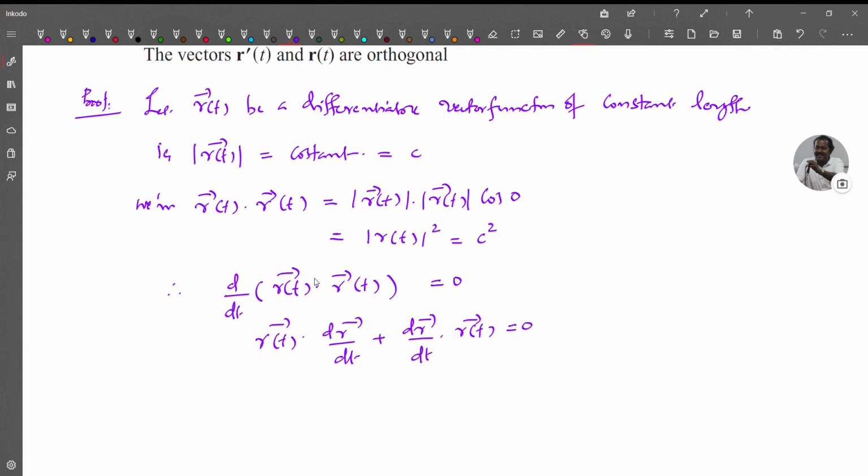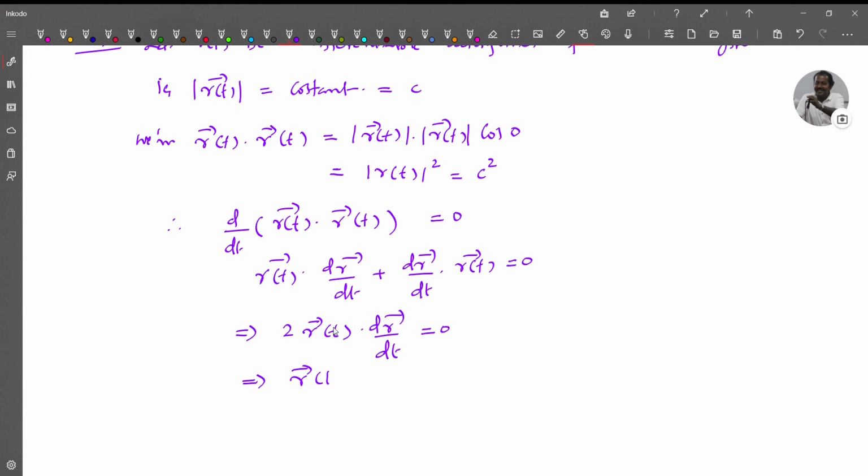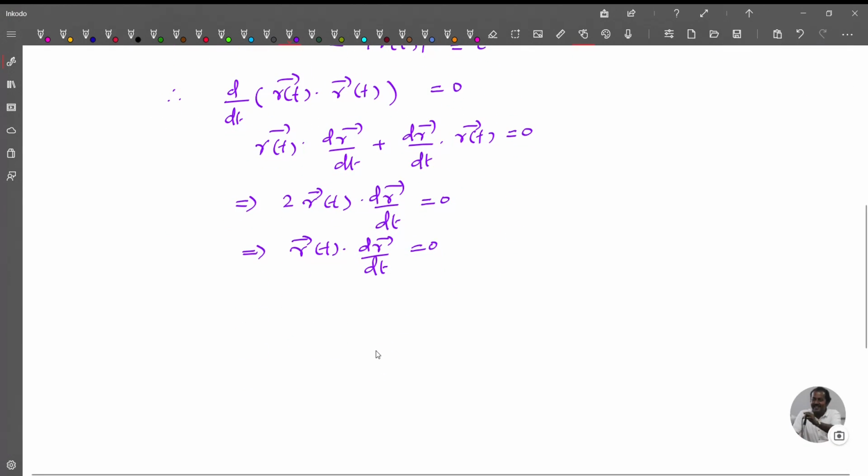So this implies 2 times, because dot product is commutative, 2 times r of t dot dr by dt equal to 0. So this implies r of t dot dr by dt equal to 0. So this implies r of t dot r prime of t equal to 0.